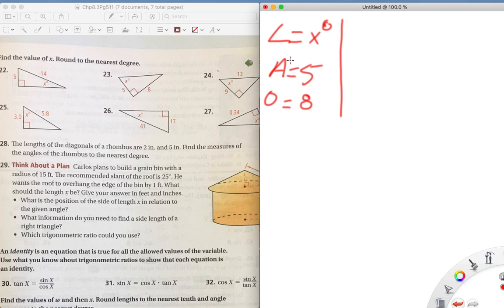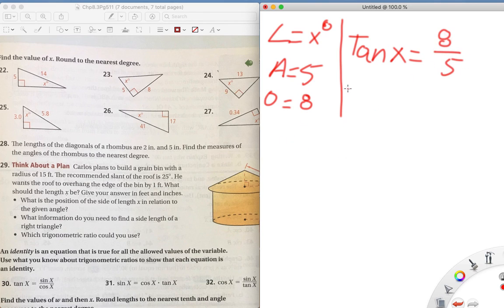So I have adjacent and opposite. That tells me from SOHCAHTOA it's going to be the TOA, or tangent. So tangent of x is equal to opposite over adjacent, TOA. So opposite over adjacent, so 8 over 5.